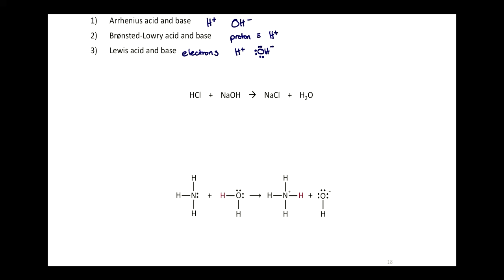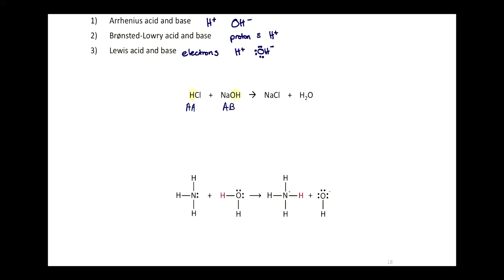Remember, Arrhenius acids and bases are purely just looking for H+ and OH-. What things, when you put them in water, increase those concentrations? Obviously, you see HCl here. This is going to be our Arrhenius acid, HCl, because it has that H+ present, and that makes NaOH our Arrhenius base because it has that OH- present.